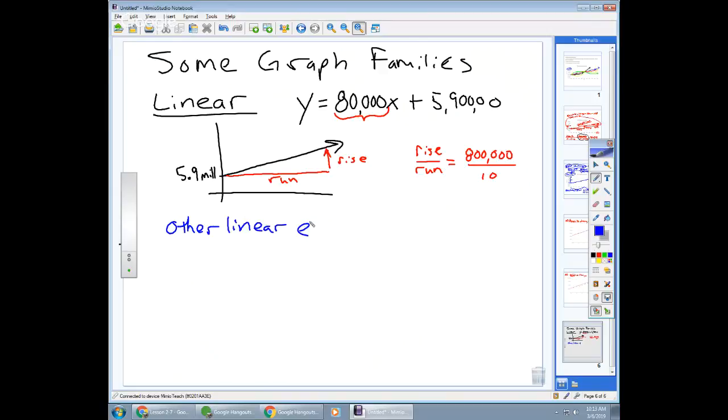So some other linear equations that aren't as much fun as this that you would see in an algebra class would be something like y equals x plus 1, or maybe y equals 3x minus 5, or y equals 1/2 x plus 2.